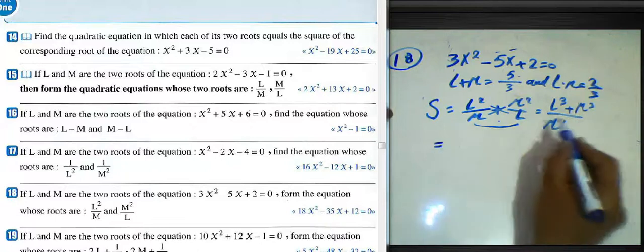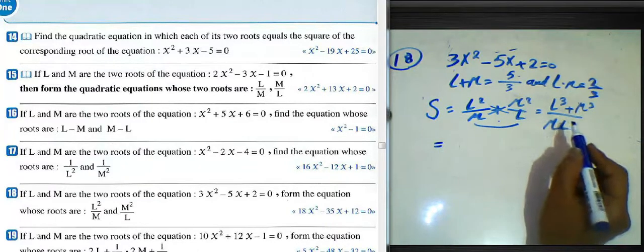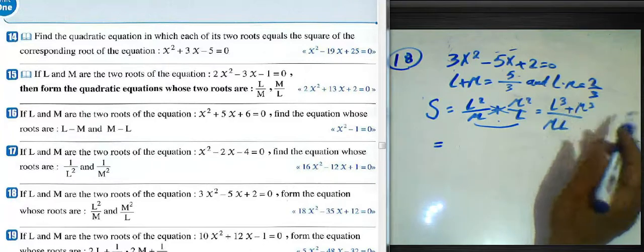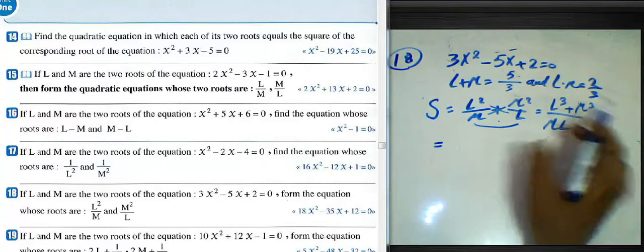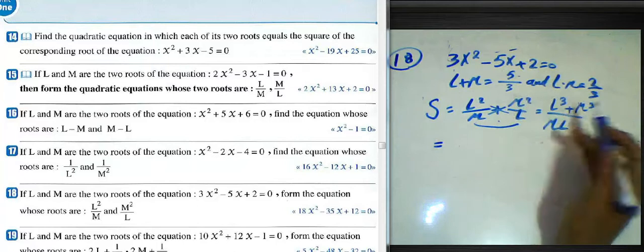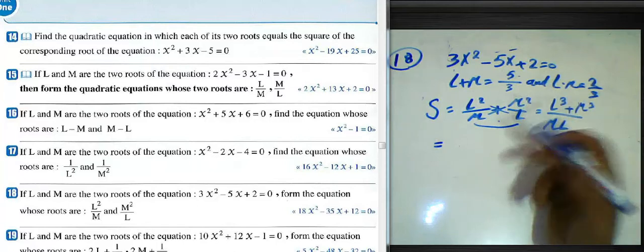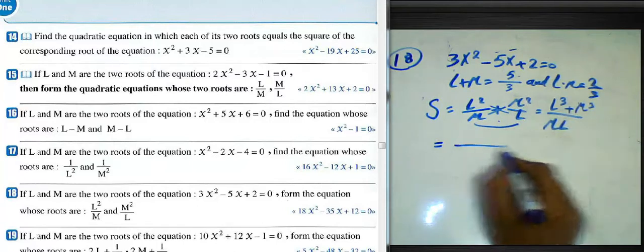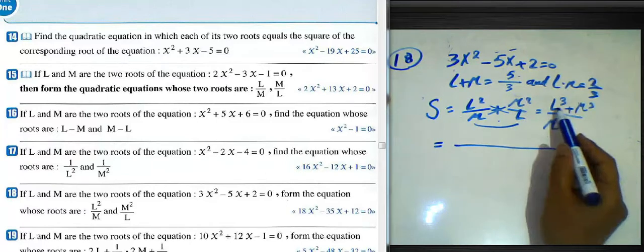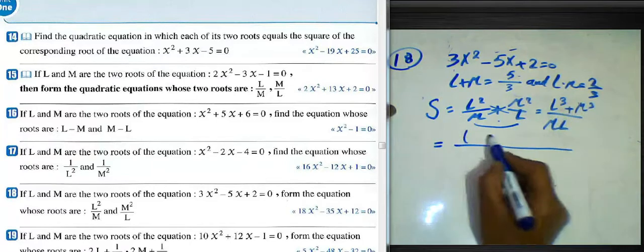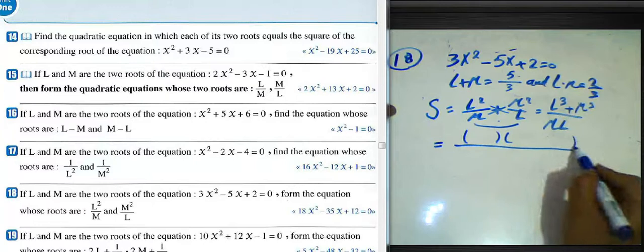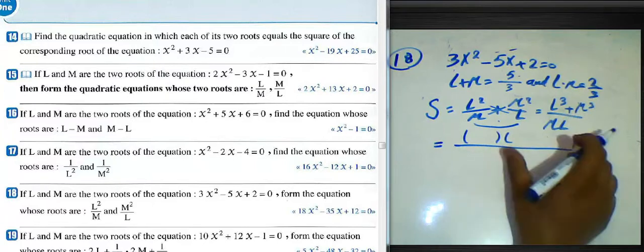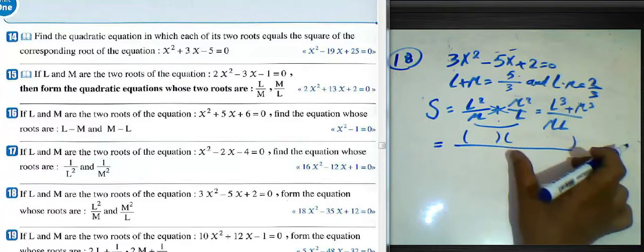It's very important. This example is very important because we must find the relation between L, M, and L times M, but he gave us L³ plus M³, so we can write the relation by factorizing L³ plus M³. We write a small parenthesis and a big parenthesis.